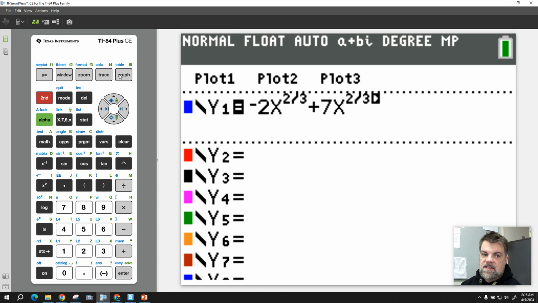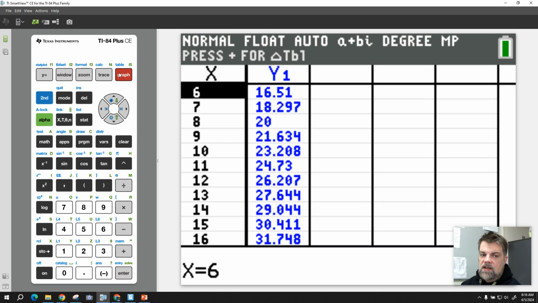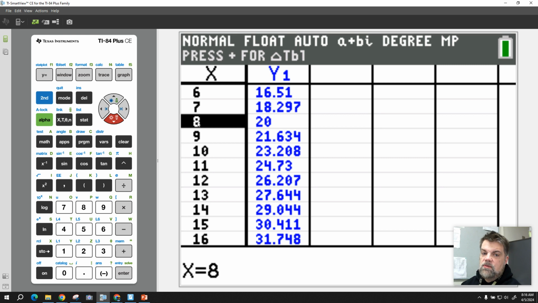And I'm going to hit second table. And we were evaluating it at 8. So when x equals 8, y equals 20.